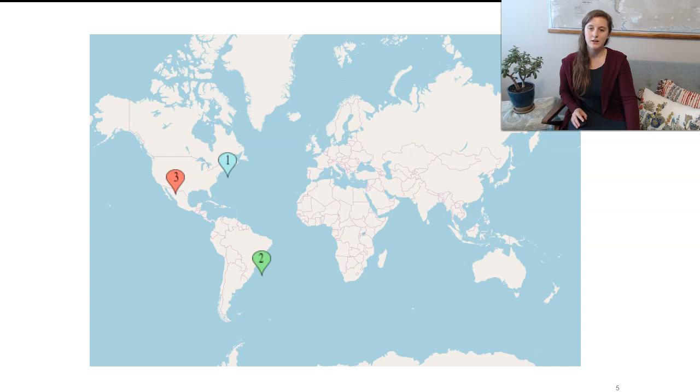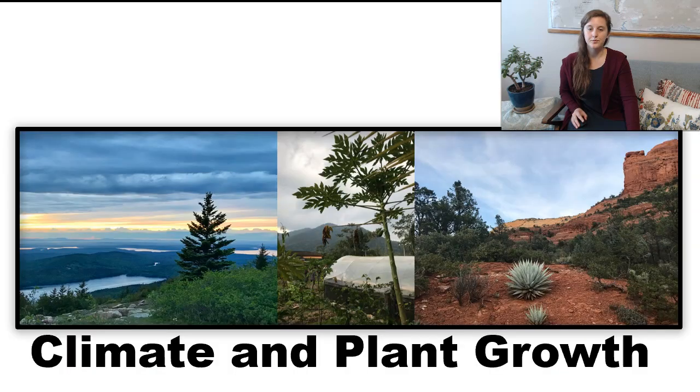The next picture is from Rio de Janeiro, Brazil. And the third picture is taken in Arizona. So as we look at these 3 pictures, again, this is from Acadia National Park in Maine. This is near Rio de Janeiro, Brazil, and this picture is taken in Sedona, Arizona.